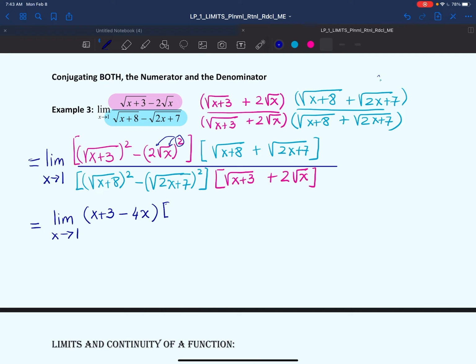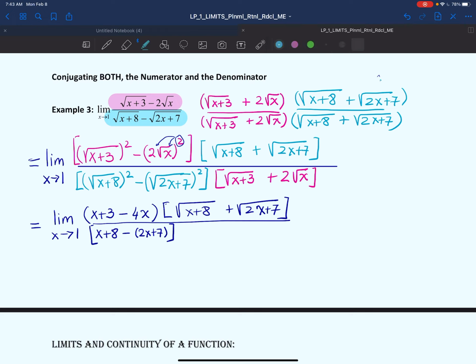And then we still have root of x plus 8 plus root of 2x plus 7. And in the denominator, we have root of x plus 8 squared, x plus 8, minus 2x plus 7.